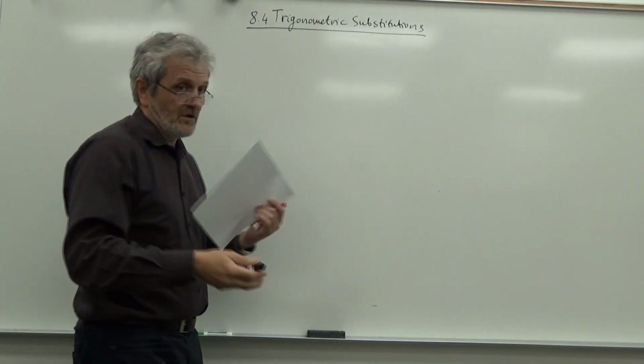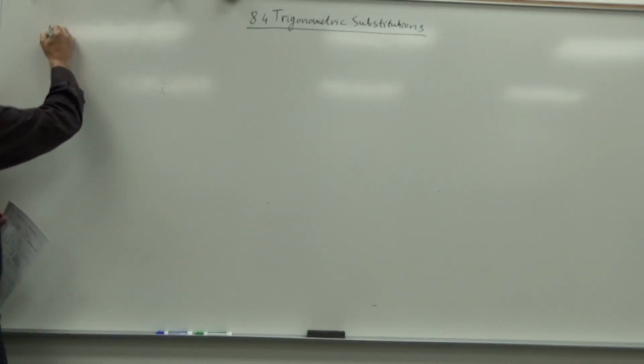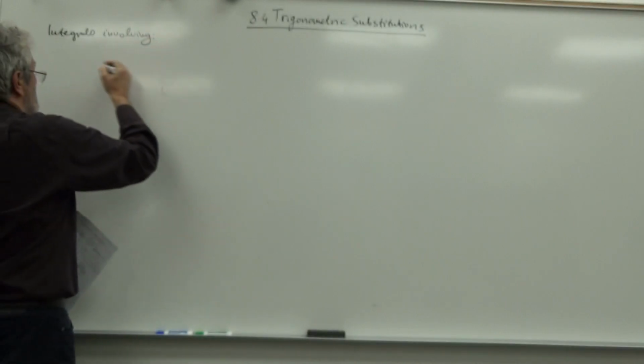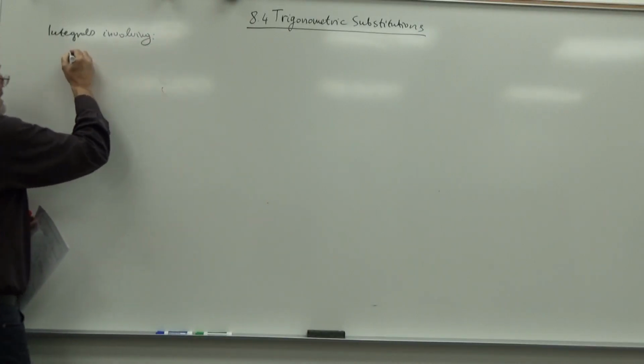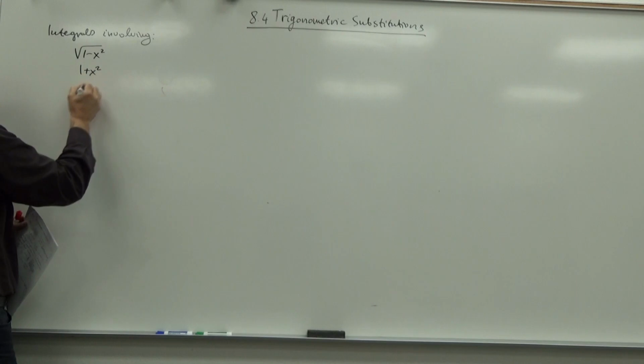And let me put all three strategies on the board. So if you get integrals involving square root of 1 minus x squared, 1 plus x squared, square root of x squared minus 1.